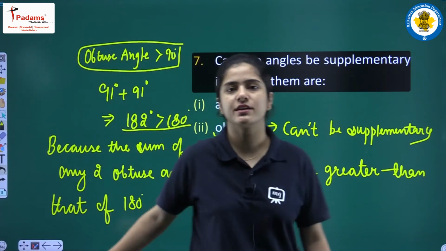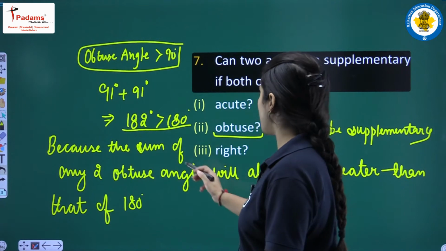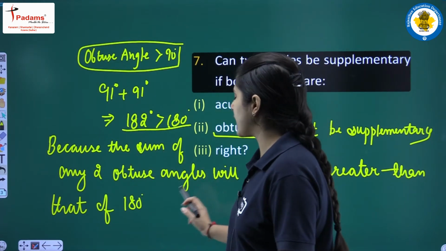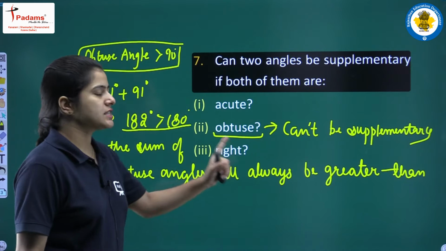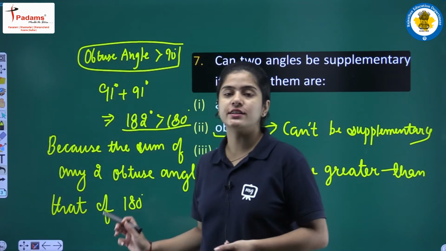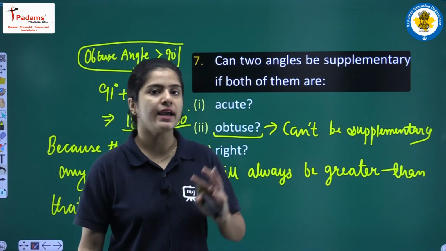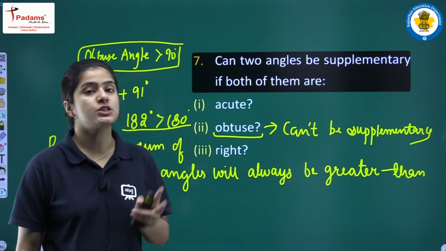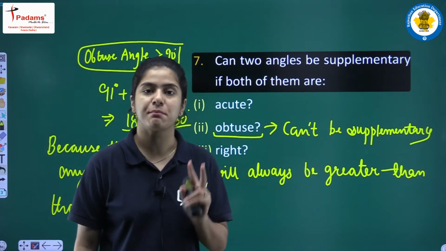What is written over here, students? The sum of any two obtuse angles will always be greater than 180 degrees. So that is why we cannot write any two obtuse angles as supplementary angles.